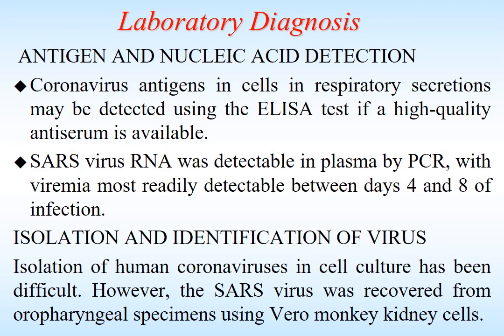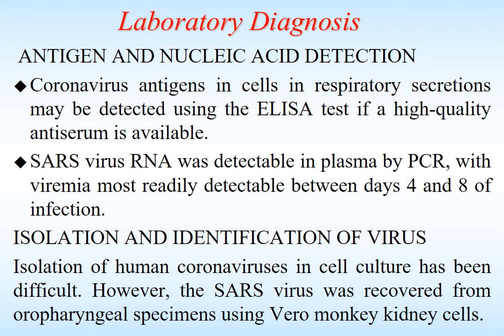Laboratory diagnosis: antigen and nucleic acid detection. Coronavirus antigens in cells in respiratory secretions may be detected using the ELISA test if a high-quality antiserum is available. SARS virus RNA was detectable in plasma by PCR, with viremia most readily detectable between days 4 and 8 of infection.